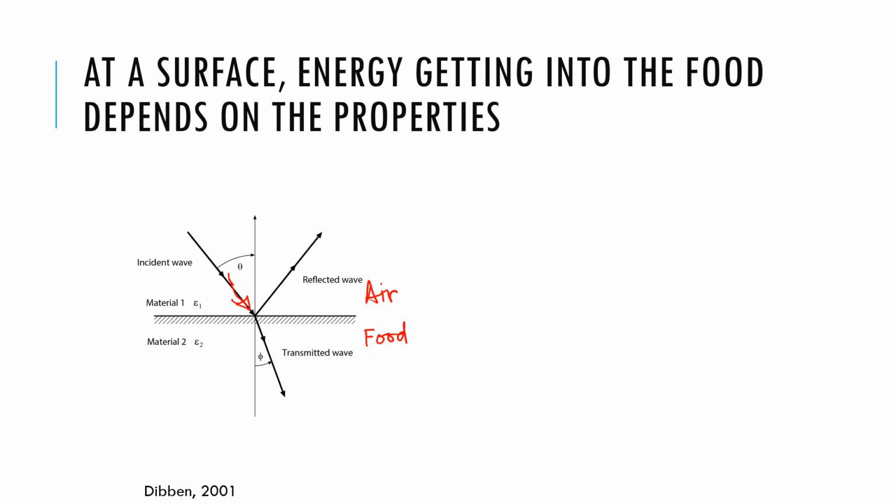As the electromagnetic wave hits, it is the property of any wave, when it hits a different medium whose properties are different, part of it is reflected and part of it is transmitted. So in the case of air and food, when microwaves hit the surface, part of it would be reflected and part of it is going to be transmitted into the food.